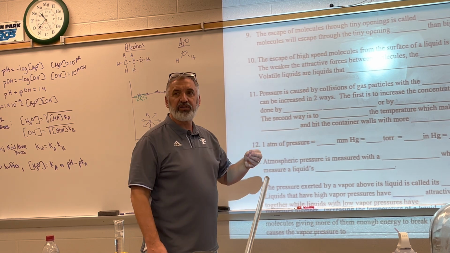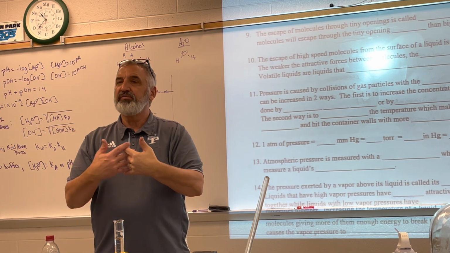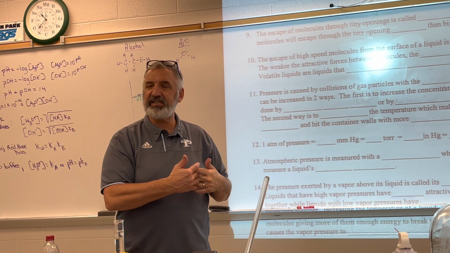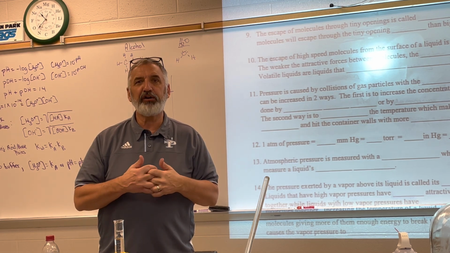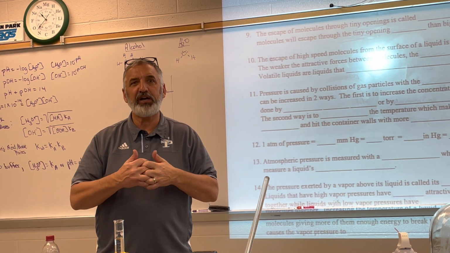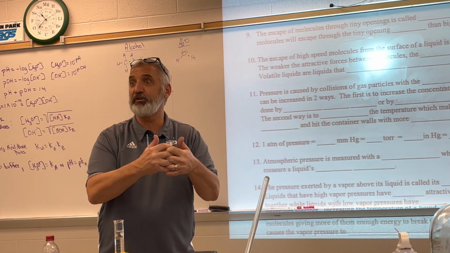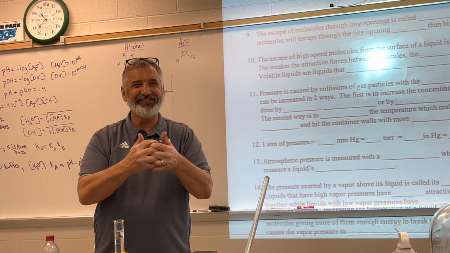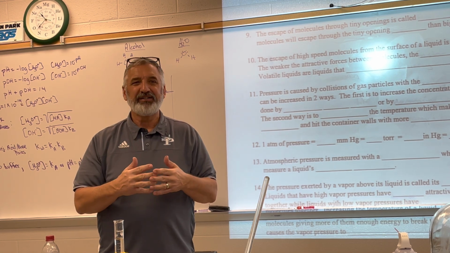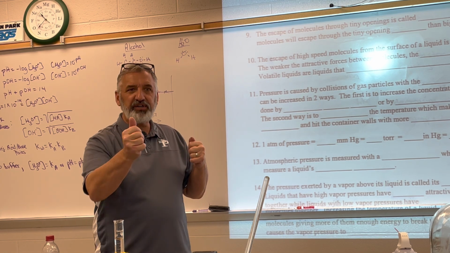Whereas the bigger molecules like nitrogen and oxygen, N2 and O2, can't fit through those small openings as easily. I think of it as trying to go through a doggy door. If I try to go through a doggy door, it may take me a very long time, if ever. It might be for a German Shepherd or a Great Dane. Now, on the other hand, a kindergartner can get right through.